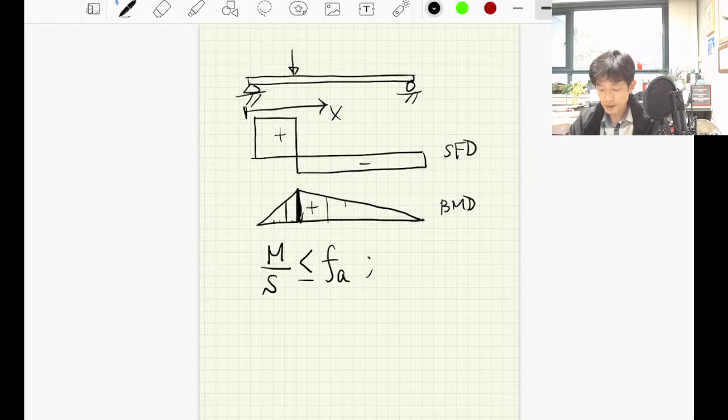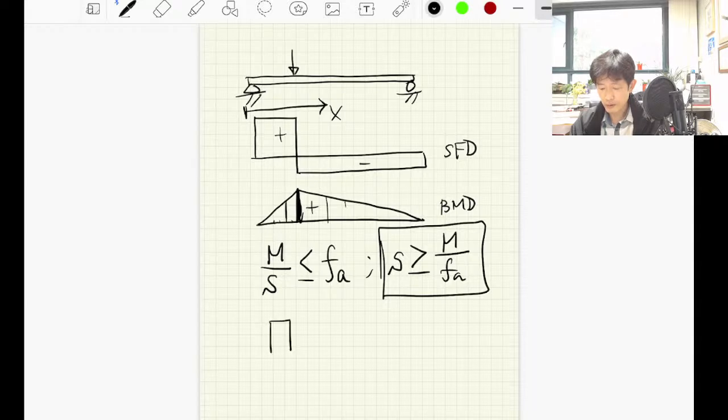Which means my section modulus must be greater than or equal to the moment divided by the allowable strength value. Once we have this information, then we check the design handbook for cross sections, for square or rectangular or I-shaped sections. We check the various cross sections to find a section which satisfies this condition.